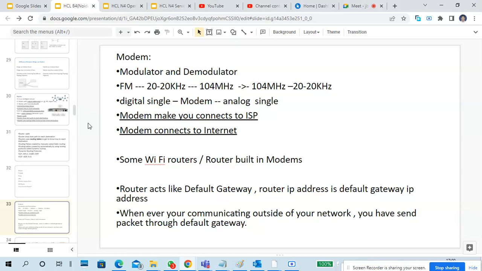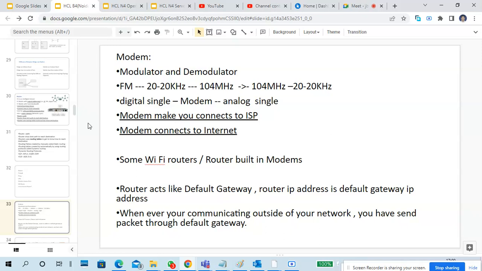It converts into an analog signal, and that analog signal can be converted back to a digital signal. I made a spelling mistake. I wrote single, not signal. Digital signal, not single signal. Okay, I will modify it.